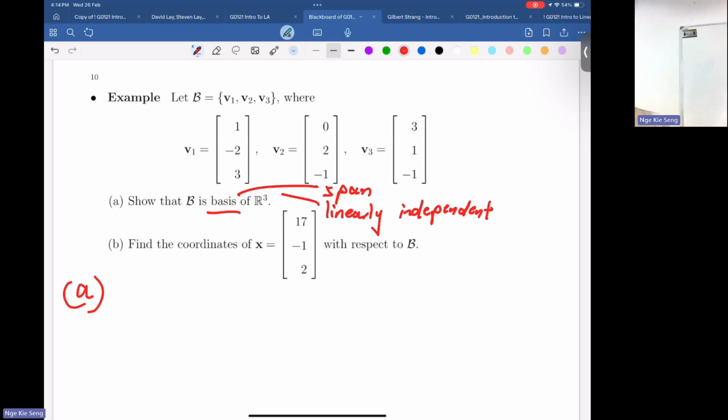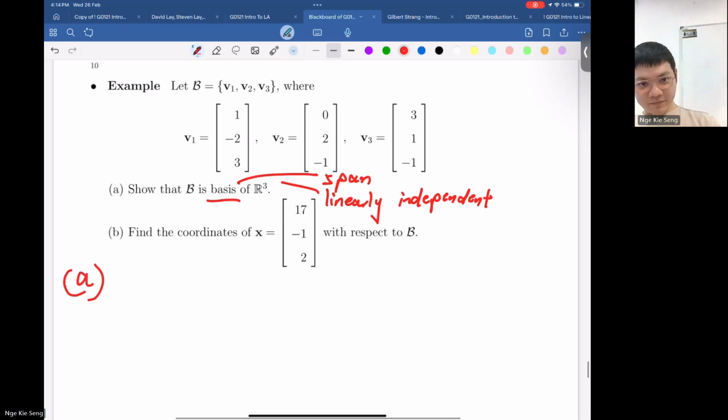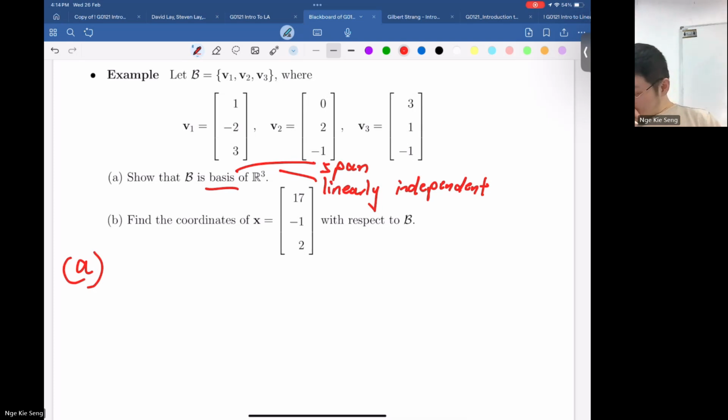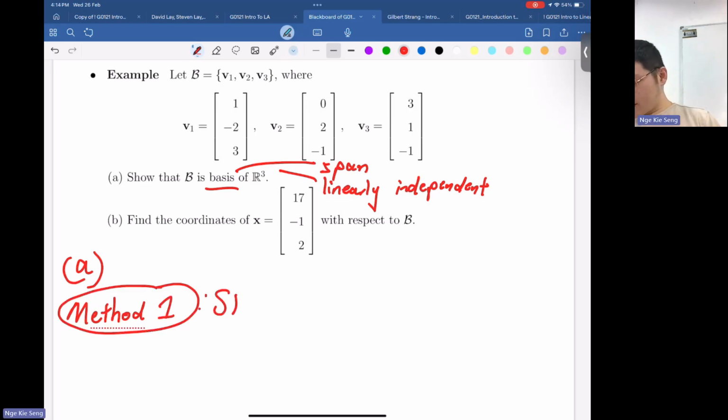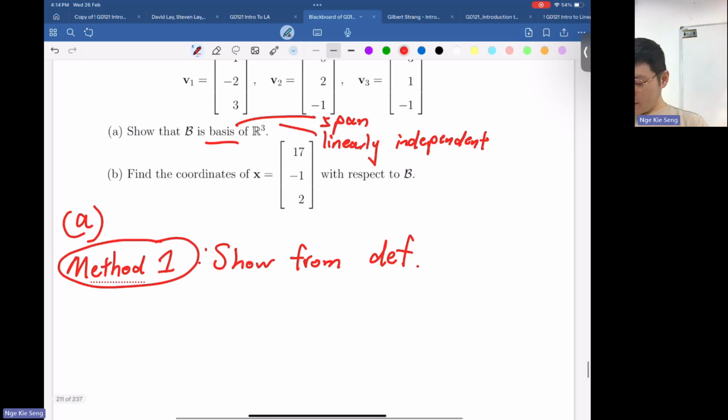First, if you want to ask why, then we can discuss. Okay, so method 1: you can show from the definition. So the definition says what? Let's say for span.